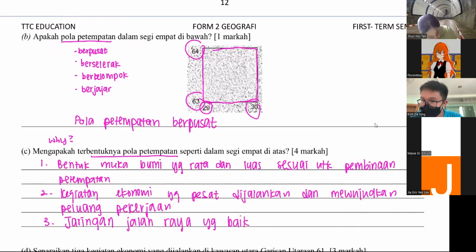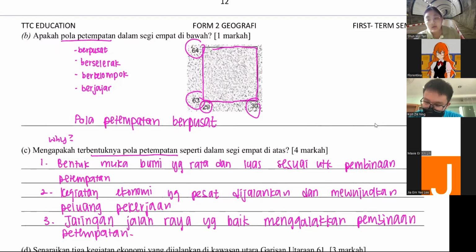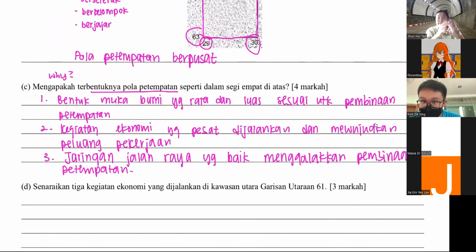Okay, so menggalakkan pembinaan, encourages construction of houses, pembinaan pertempatan. Now, in the exam, just put them into a paragraph, okay? The reason why I write 1, 2, 3 for you is to actually show you your marks.